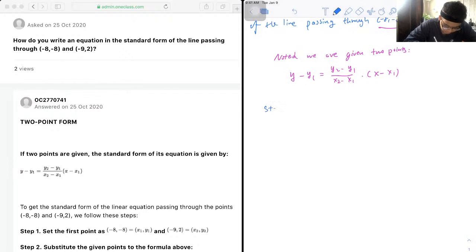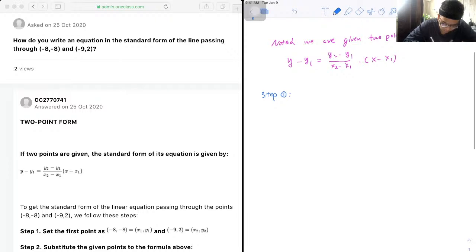Step 1, we let x1, y1 equal -8, -8, and similarly x2, y2 equal -9 and 2.